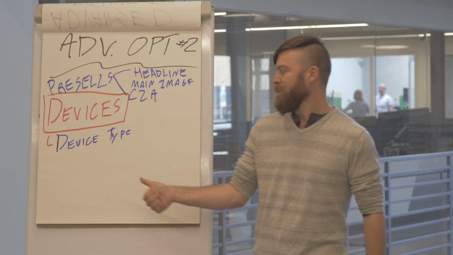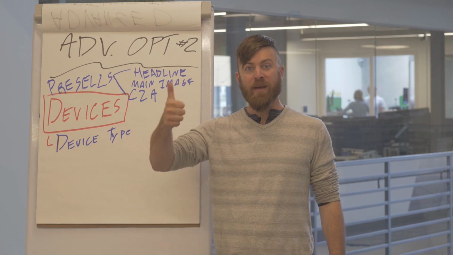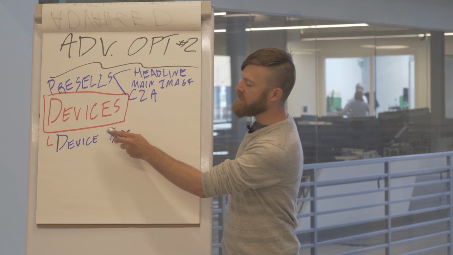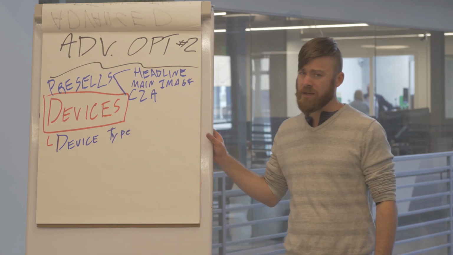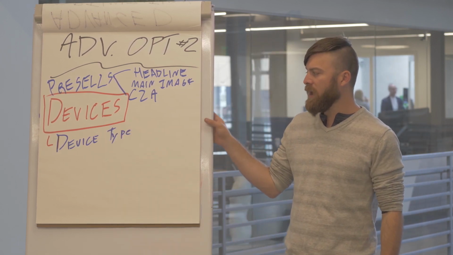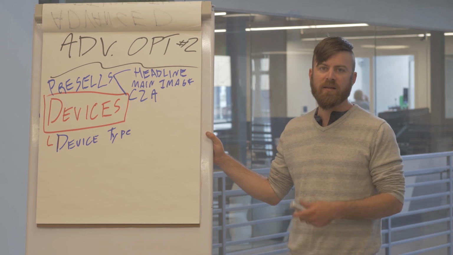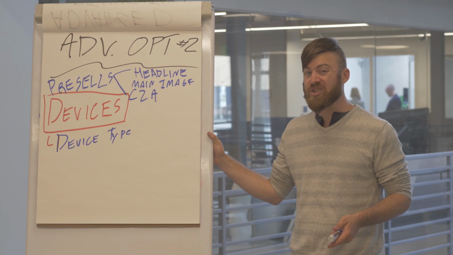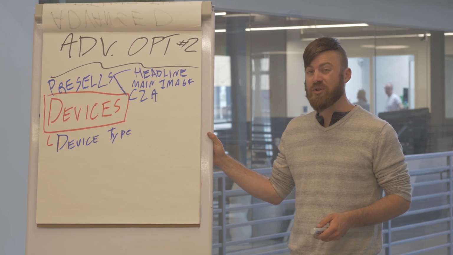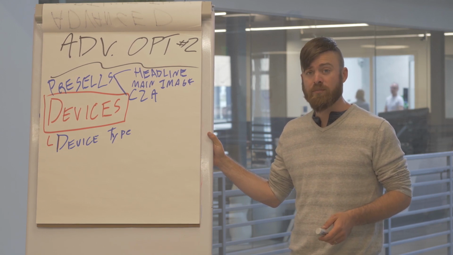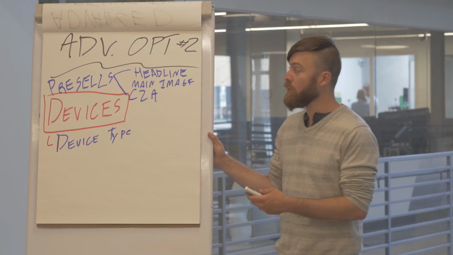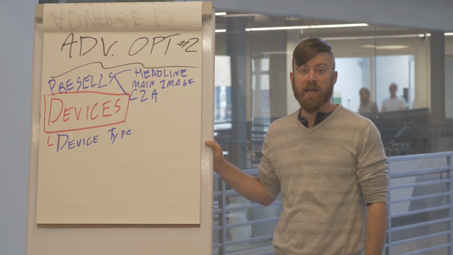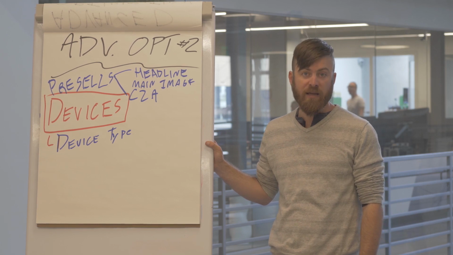What devices are working best and what devices are working bad? And oftentimes the device type, you can see all of this data. And by the way, to visualize a lot of this data, you'll need to use some more advanced tracking software. So for advanced optimization stuff, I actually highly recommend you use a click tracking tool.